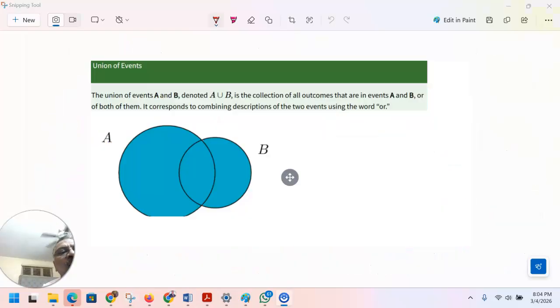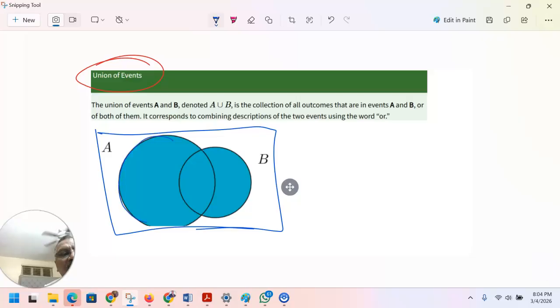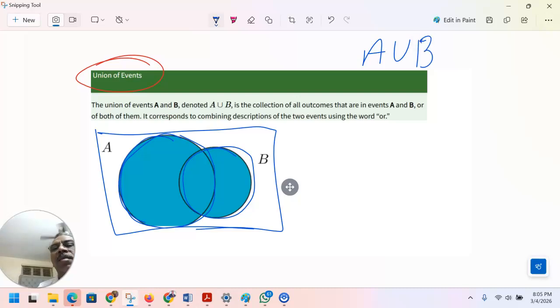So this is the union of events. You can see from this Venn diagram itself, there are two circles here. This is set A for event A, and the other one is event B. This time we are using A union B. What does this basically mean? When you draw a card, either the card is A or the card is B, or it can be both also.